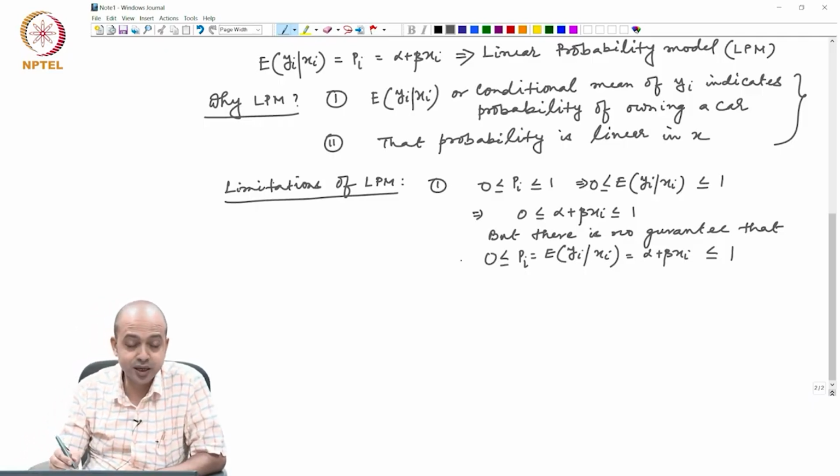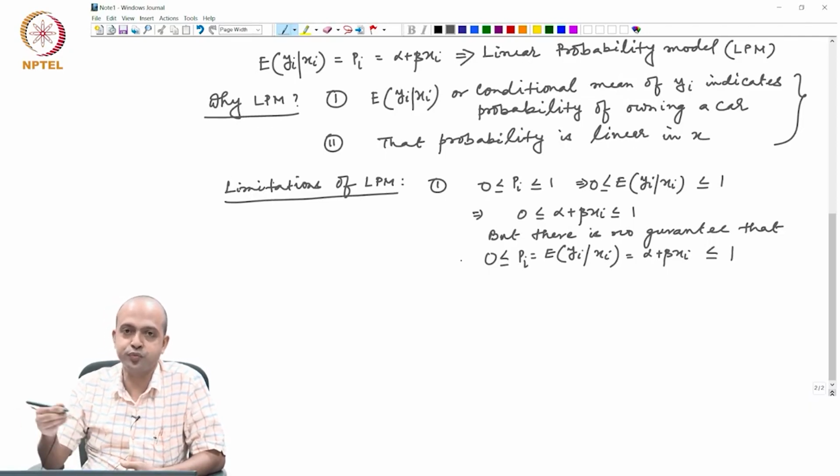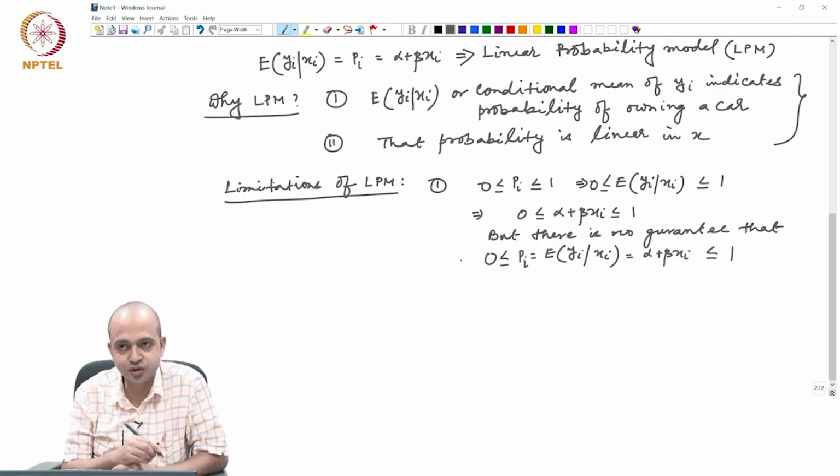And if that is the case, that means you are actually violating the properties of probability. So, it may so happen that your estimated probability is 1.56, which does not make any sense. So, that is the limitation of linear probability model.